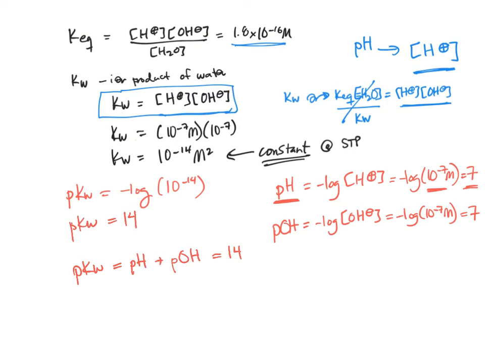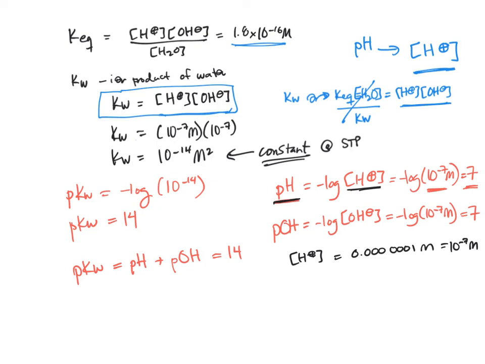I want us to think about how pH relates to proton concentration one more time. Remember we said the concentration of protons in pure water is going to be 0.0000001 molar, also known as 10 to the minus 7th molar.